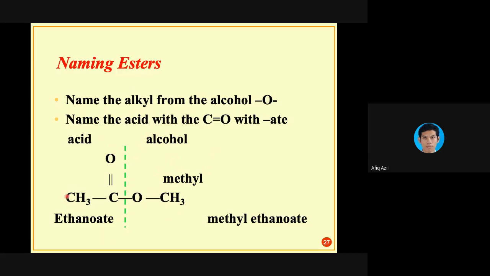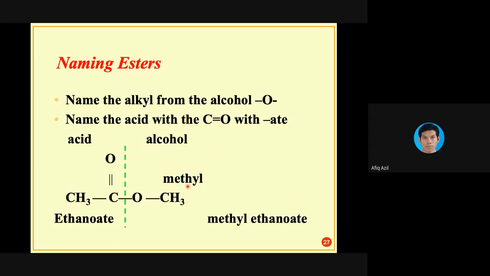And then name the acid with the C double bond O with -oate. So here you have the original ethanoic acid, then it will be called ethanoate. CH3 C double bond O will be called ethanoate. If there are 3 carbons, then it will be propanoate. When you want to combine the name and write it, you put methyl in front and ethanoate at the back.